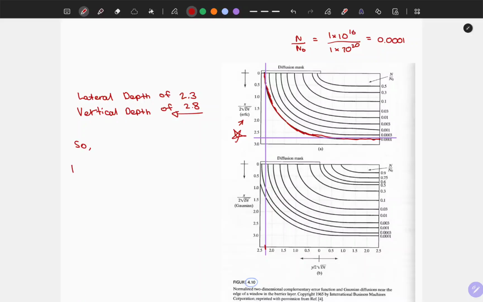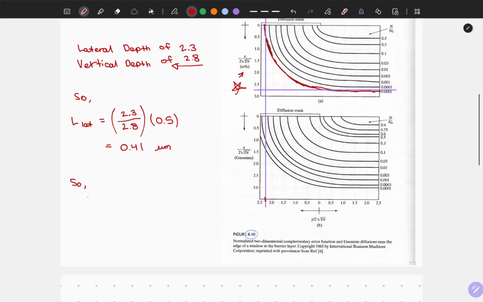So the length laterally that we actually diffuse is 2.3 over 2.8, the ratio, times 0.5, which is the junction depth, to get 0.41 micrometers. So L is equal to 3 micrometers minus 2 times 0.41, which is equal to 2.18 micrometers, I think.